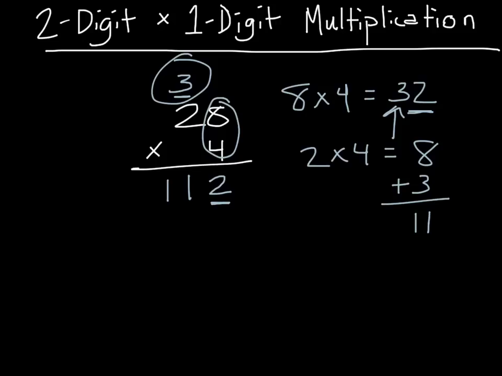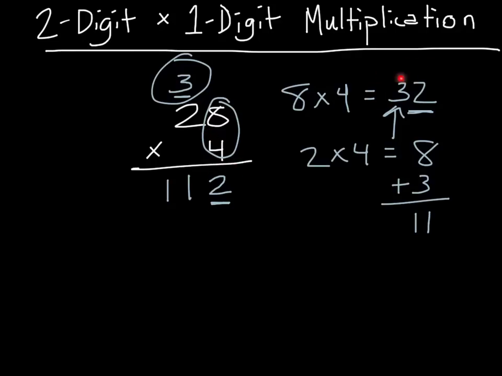To multiply a 2-digit number times a 1-digit number, you need to first multiply the ones place in the 2-digit number times the ones place in the 1-digit number. Get your product. If the product has 2 digits like this one did, 8 times 4 is 32, then the ones place digit will go here.